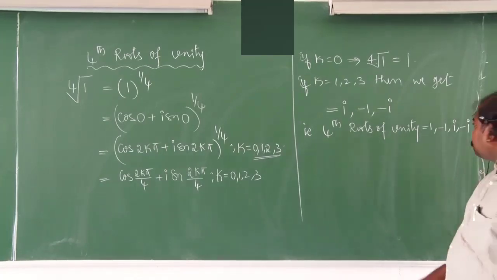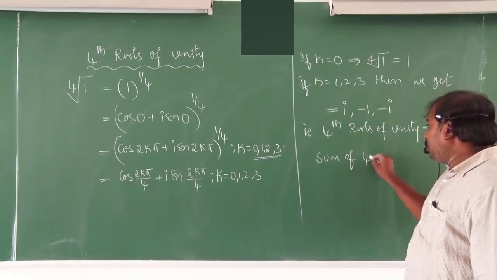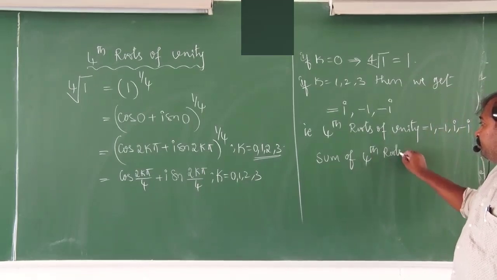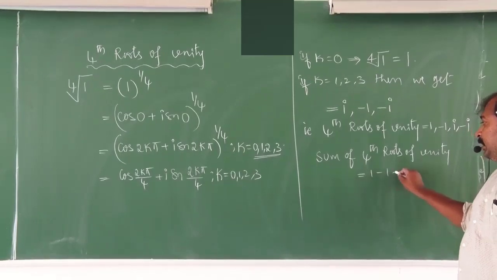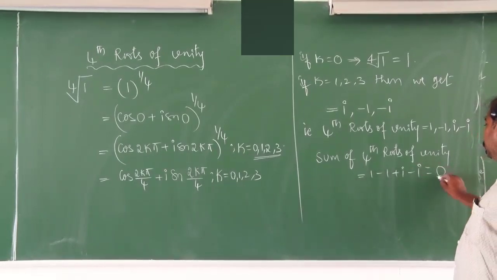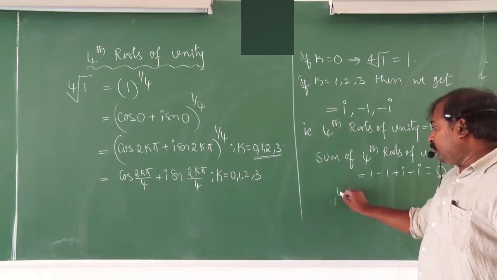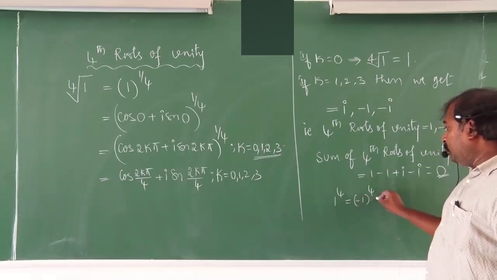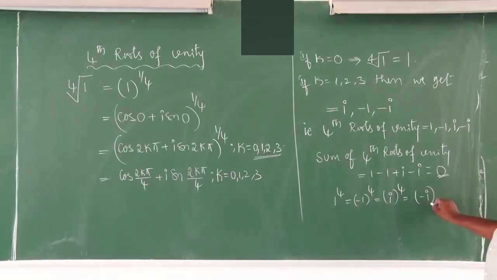Next, listen. Observe the sum of the fourth roots of unity: 1 minus 1 plus i minus i, which is equal to 0. Either cube roots of unity or fourth roots of unity, if you add them you will get the value 0. And here also 1 power 4 is equal to (minus 1) power 4, equal to i power 4, equal to (minus i) power 4, equal to 1 only.